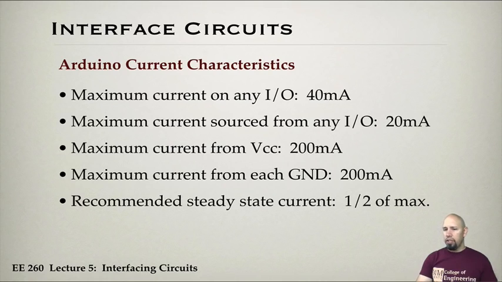Arduino current characteristics. The amount of current on any I/O pin, the maximum is 40 milliamps. So you don't want to put any more than 40 milliamps into the Arduino, and you do not want to try to get any more than 40 milliamps out of the Arduino.